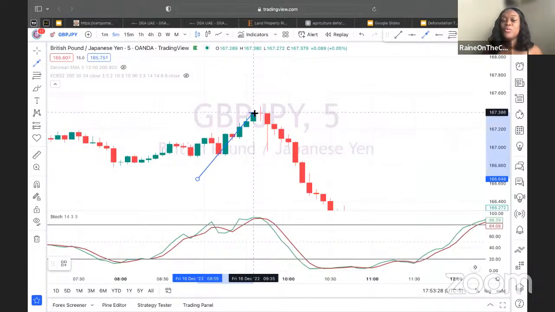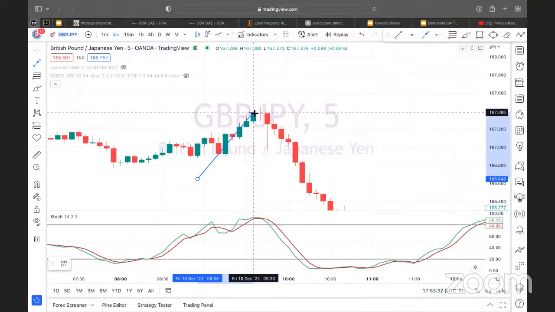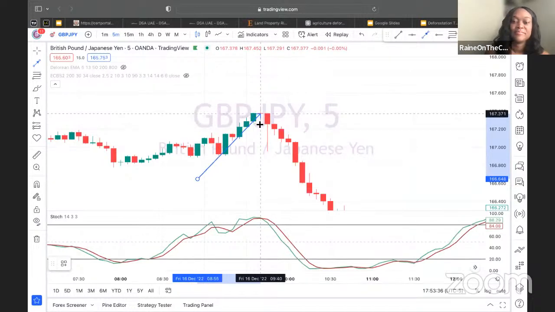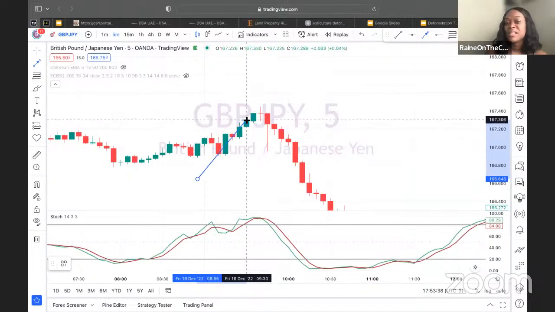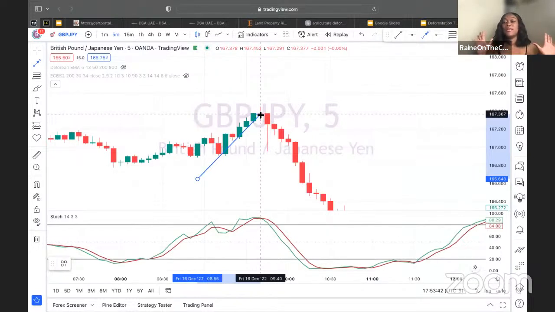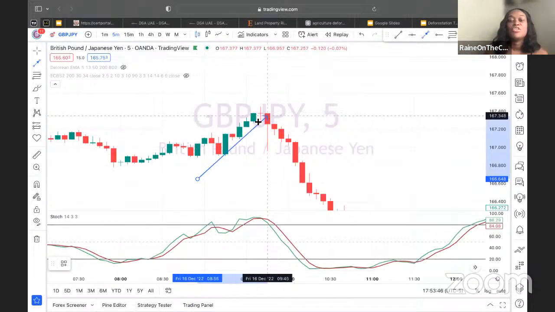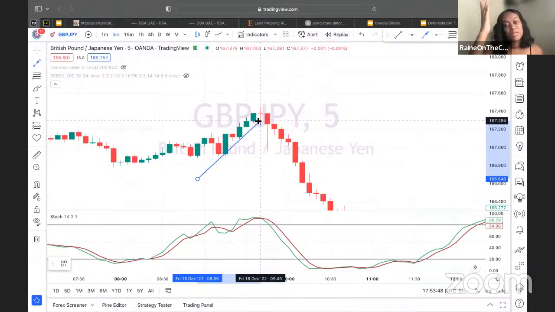And now we have a reversal. This is called a doji. Typically, when you see a doji, you want to back up and wait, because it's an indecision candle. You don't know if it's going to go up or down.